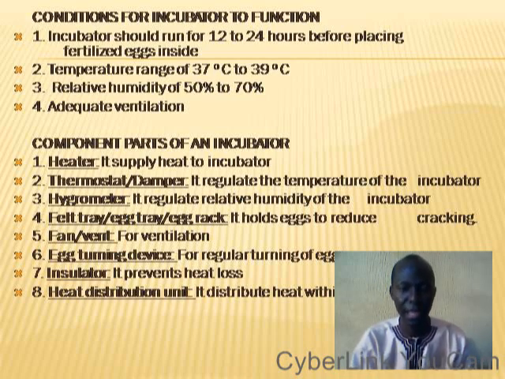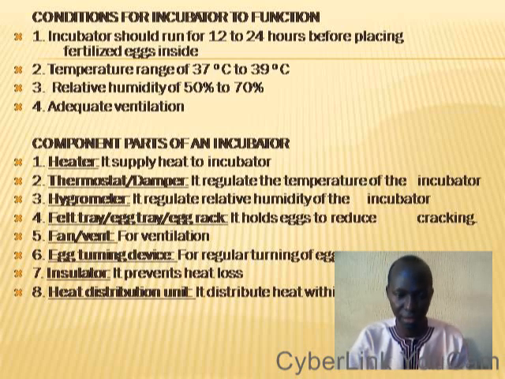As I said earlier, any egg that you want to place inside the incubator must be a fertilized egg. The second condition is that it must have a temperature of between 37 degrees centigrade to 39 degrees centigrade. So with this, the fertilized eggs can hatch conveniently and properly.